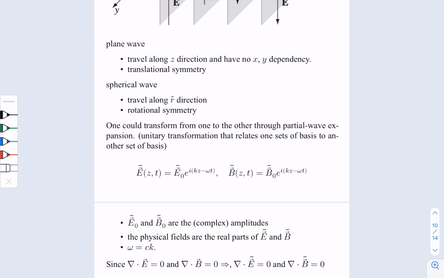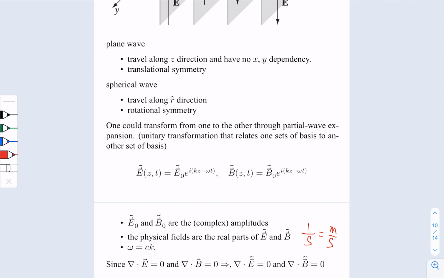Because the speed of light is fixed, k and omega have a fixed relationship. The omega is the angular frequency, and it equals the speed of light times the wave number. Remember that the unit for frequency is 1 over second, and the unit for the speed of light is meter per second.